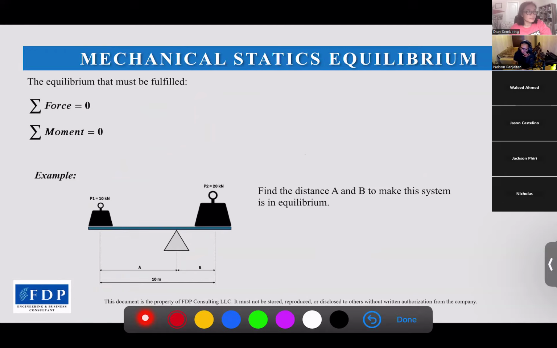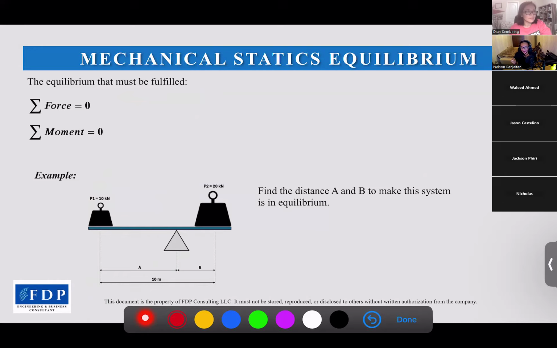So when we're doing lifting engineering, one of the goals that we want to achieve during the lifting is that the object that we lift is in statics equilibrium. It means there will be no additional force or moment acting during the lifting.